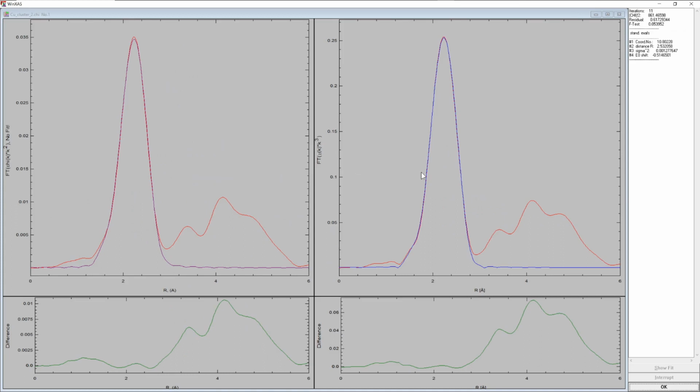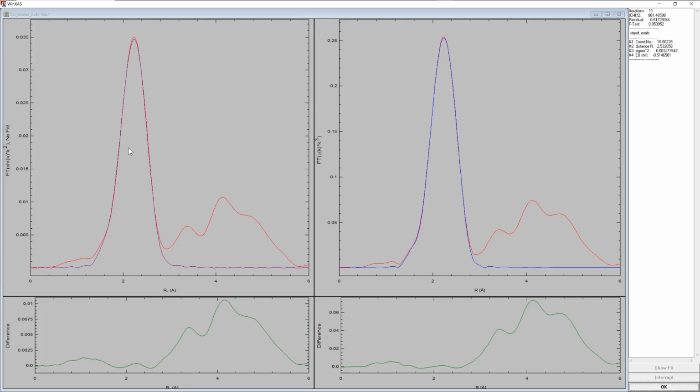So now we see two radial distribution functions, one K3 weighted and one K2 weighted. And similar to the refinement in K space, now the EXAFS fit, the refinement, has only been performed to the K cube weighted chi of K, to the right radial distribution function here.